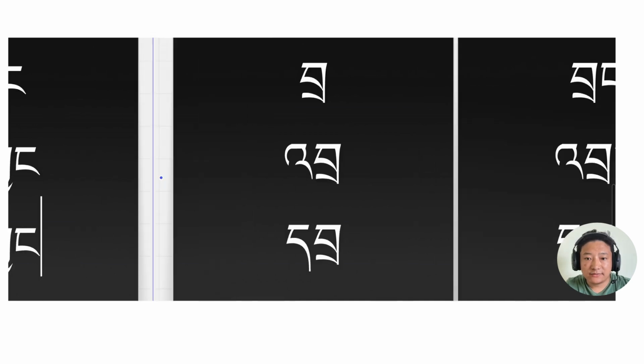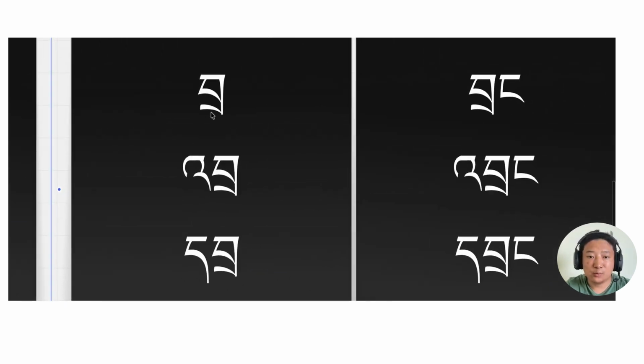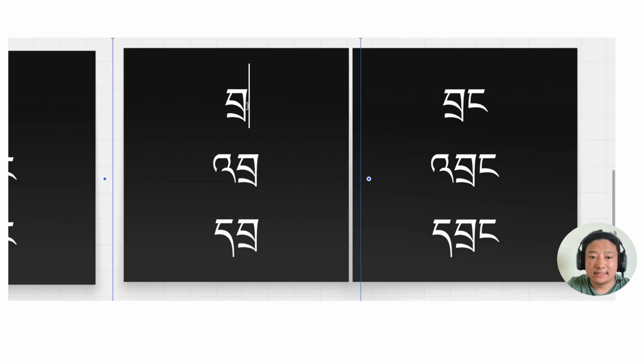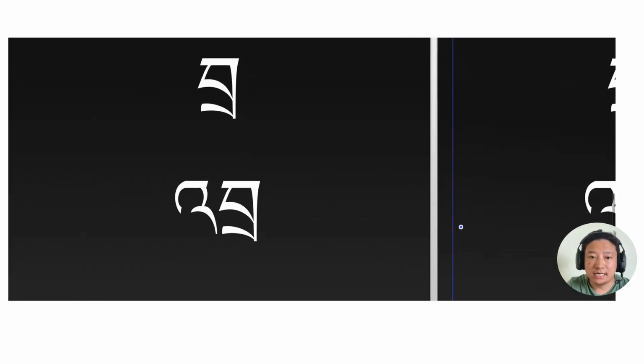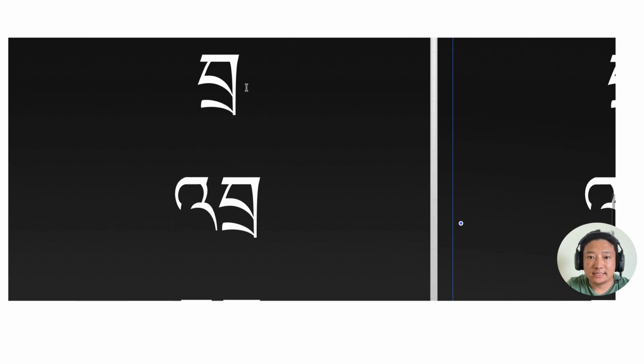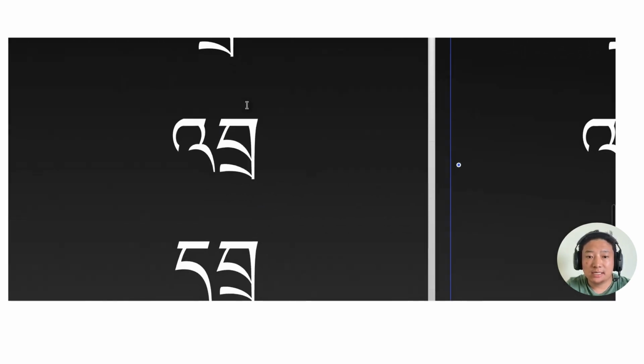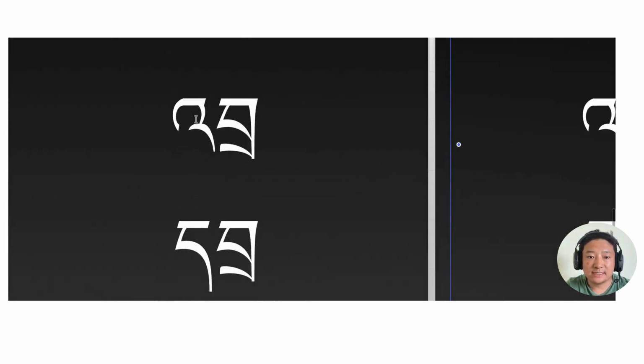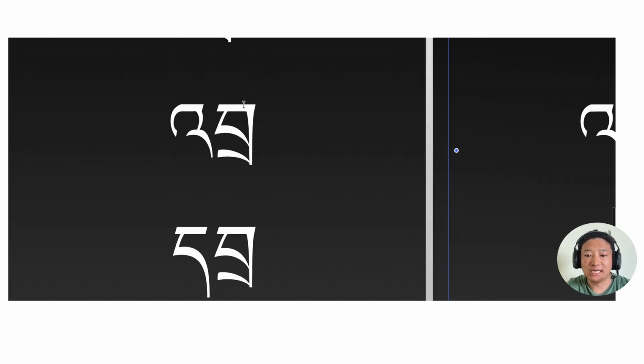Another confusion is when pa has a rata. Pa with a subscript ra is read as pa rata tra, but when the prefix is ha, it's not tra anymore. It's nra. Aumba rata nra.